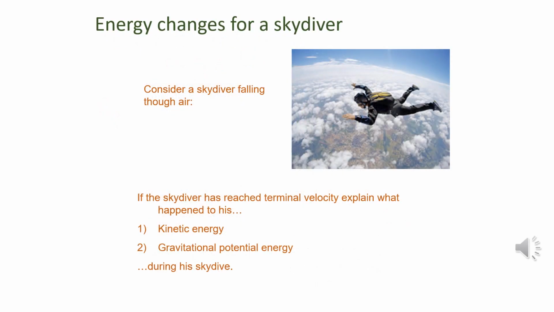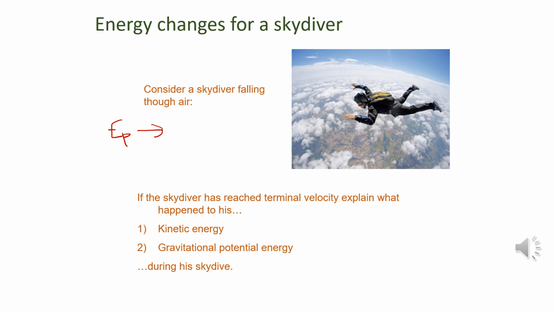Let's consider the energy changes for a skydiver falling through the air. If the skydiver has reached terminal velocity, explain what has happened to his kinetic energy and his gravitational potential energy during the skydive. As he falls, there is a reduction in gravitational potential energy, and that energy has to go somewhere.